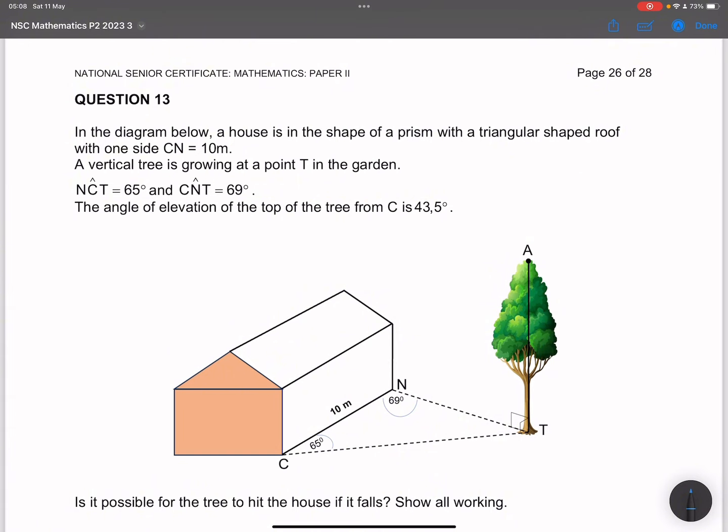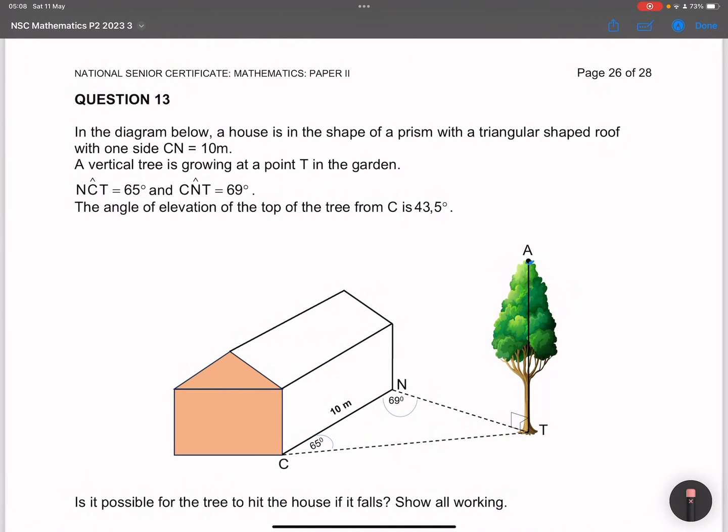They say the angle of elevation of the top of the tree is 43.5. This is from C, so that angle with C would actually be 43.5. But we'll come back to that.